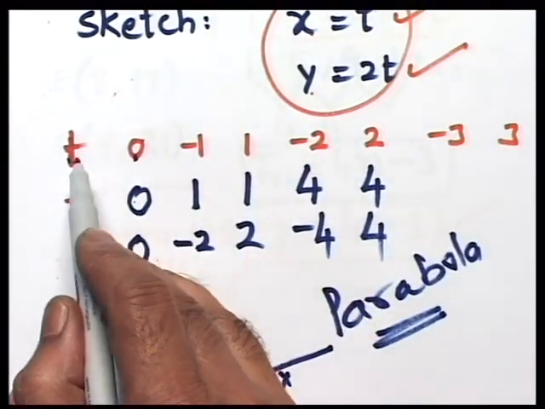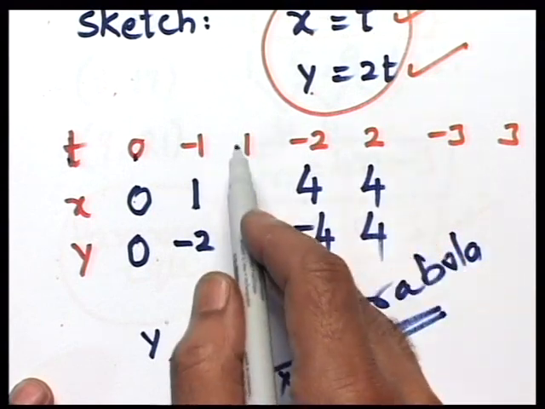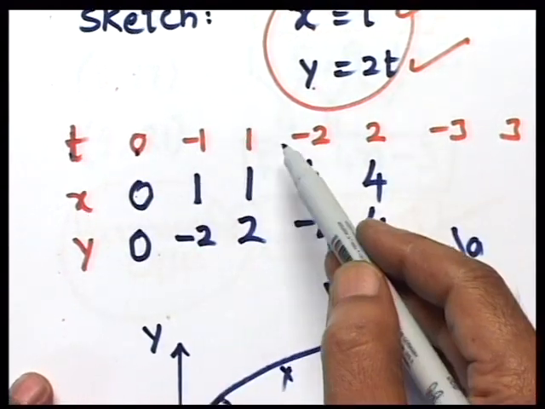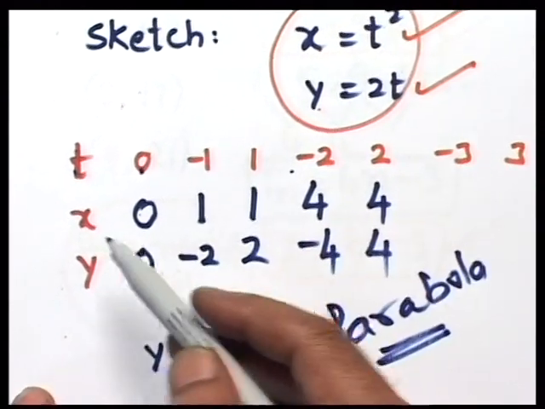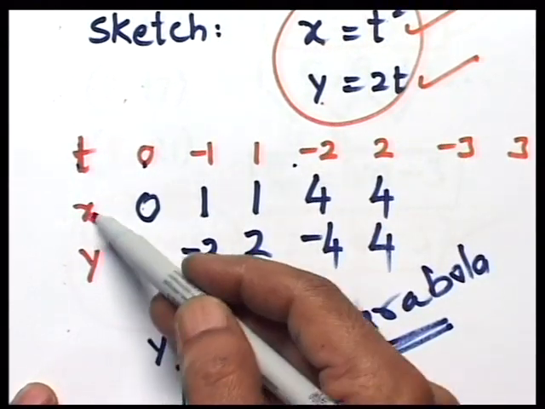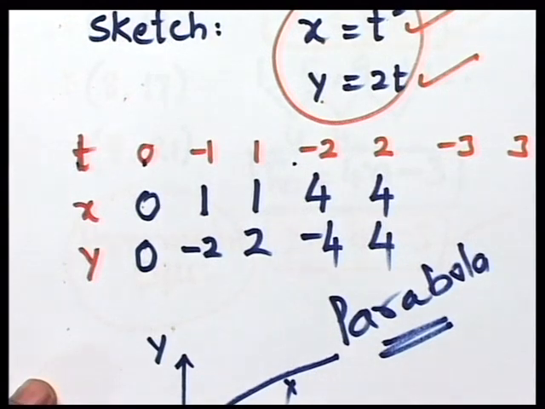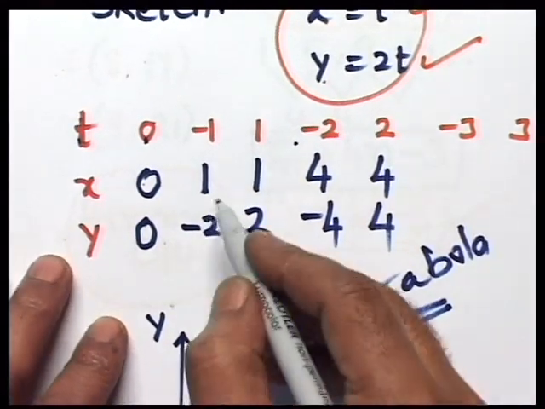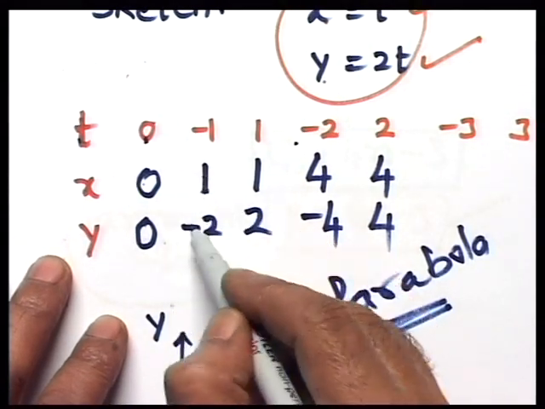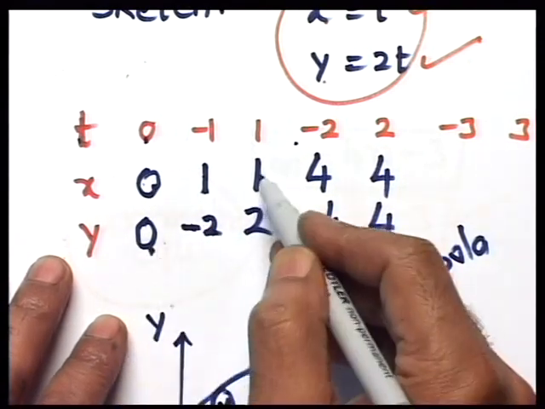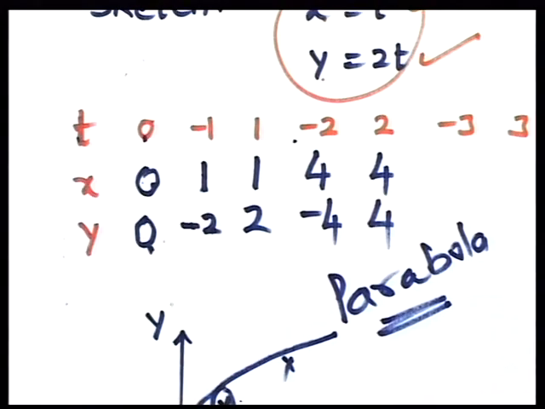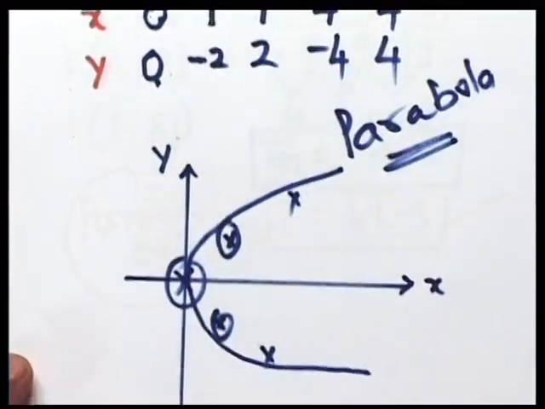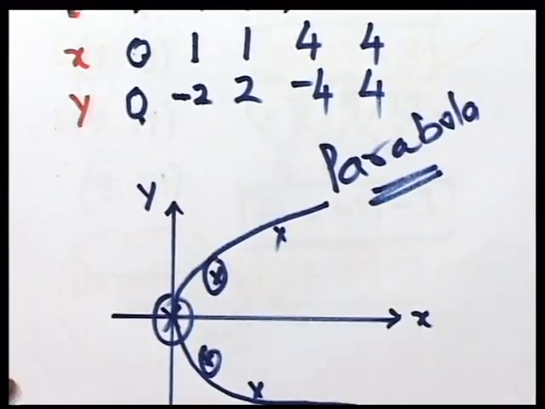Take the values of t, negative and positive, substitute into the parametric equations given to us, and we get the respective x and y coordinates. So the points are 1, minus 2, 0, 0, 1, 2. That's what it means. So sketching these curves is pretty easy. You can do them at your own time, right?